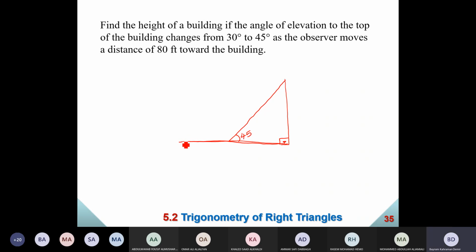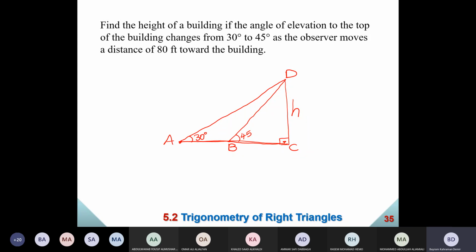And another is 30, which is from this point. And they're asking what is the height of the building. And let me just say point A here, point B here, C and D maybe, to help you understand.